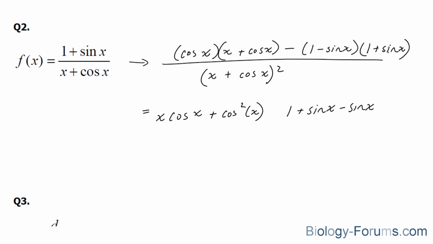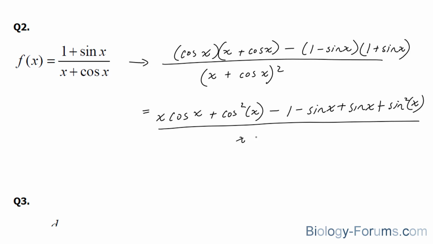And then this times that is equal to sine squared x. Now don't forget this minus. This will change everything. That becomes minus, this becomes minus, this becomes plus, and this also becomes plus. And at the bottom, it stays the way it is.